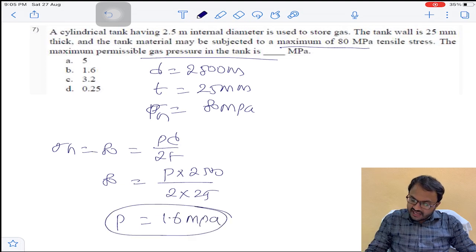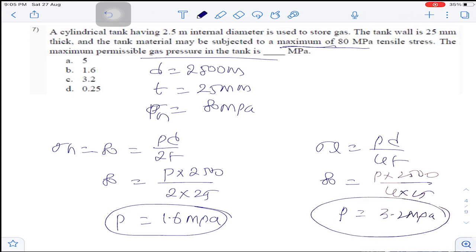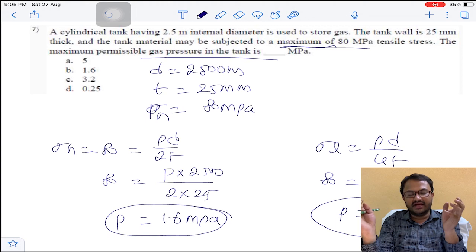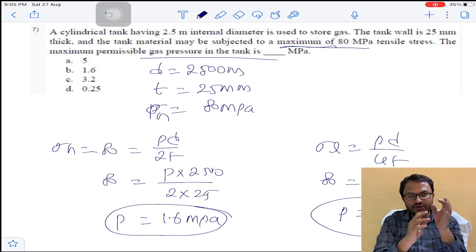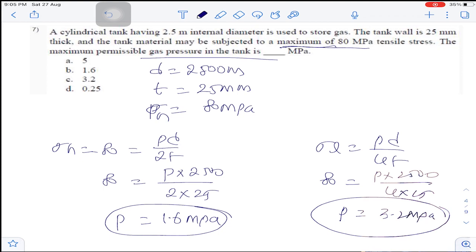And if we take the maximum value as longitudinal stress, so it will be PD by 4T is 80, with D 2500 and 4T 25. So you will get P is equal to 3.2 MPa. So if we apply a pressure of 1.6 MPa, it will be safe against hoop stress. If we apply 3.2 MPa, it will be safe against longitudinal stress.